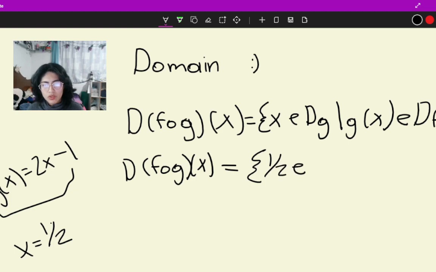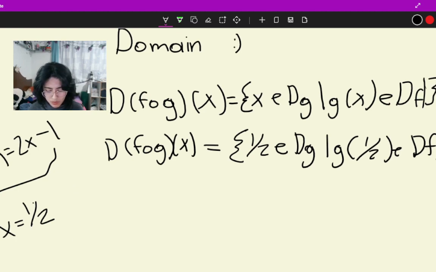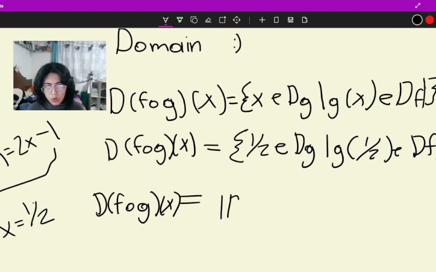The set of x in the domain of g such that the absolute value of g of x is in the domain of f, and we write the domain of the function like all the real numbers except one half.